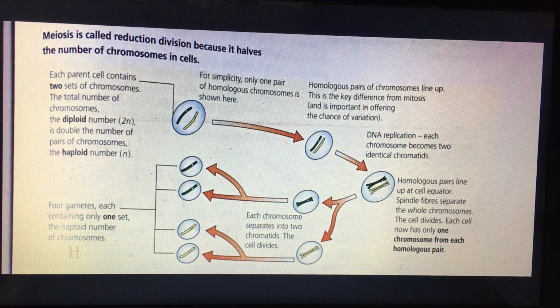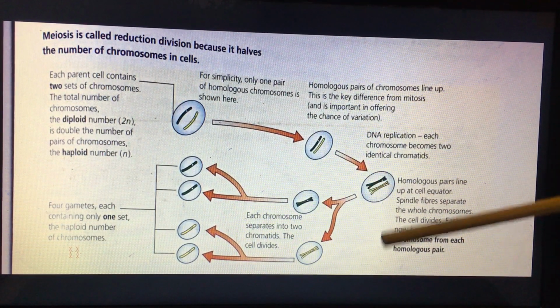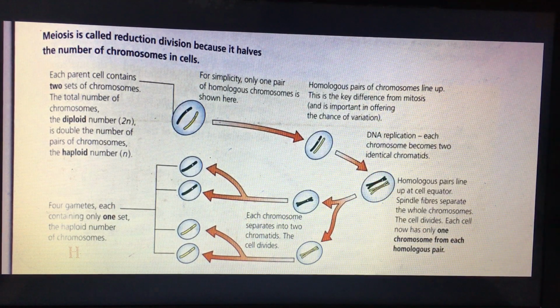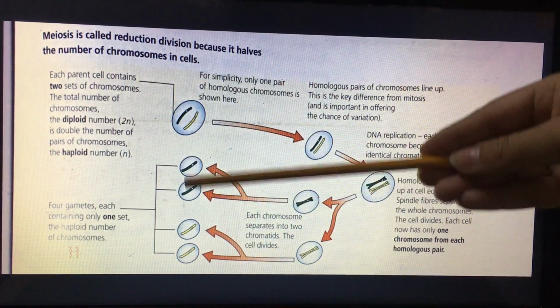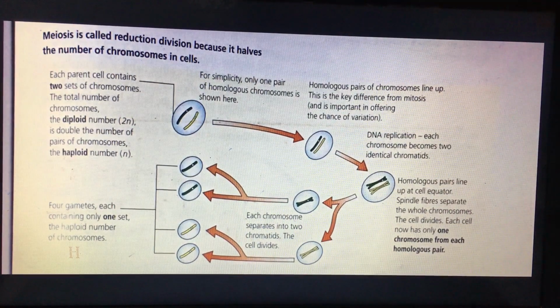Now, after the first division, here we have two cells. Each cell has a chromosome. We have another division. This division will divide the chromatids into two cells. And here actually it's not a cell, it's a gamete.